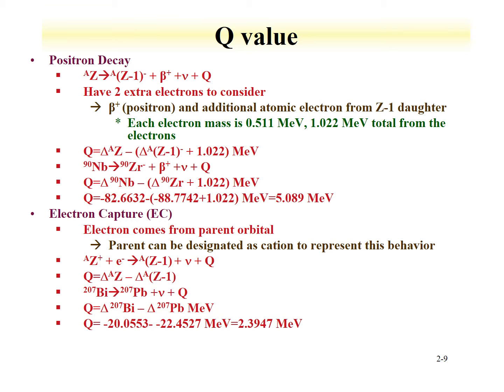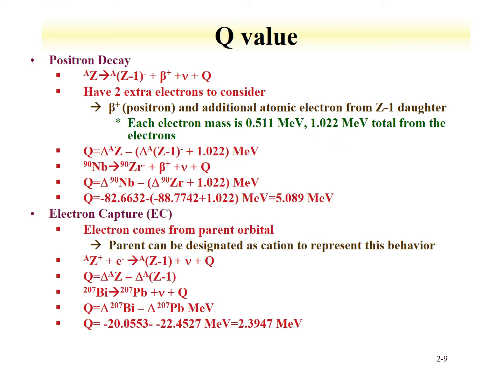The mass of each electron is 0.511 MeV, so we need to consider this term, 1.022 MeV total from the electrons. So the Q value is equal to the mass of the parent minus the mass of the daughter, plus this 1.022 MeV, which accounts for the 2 extra electrons.